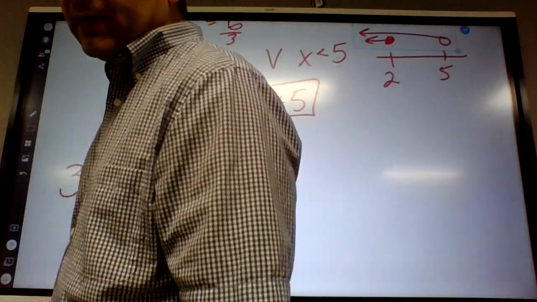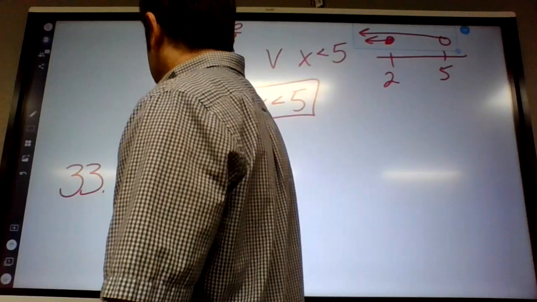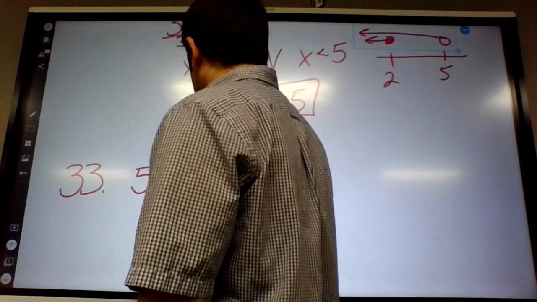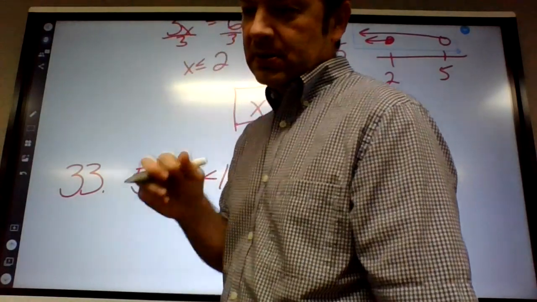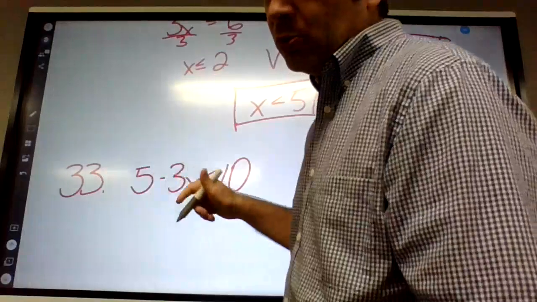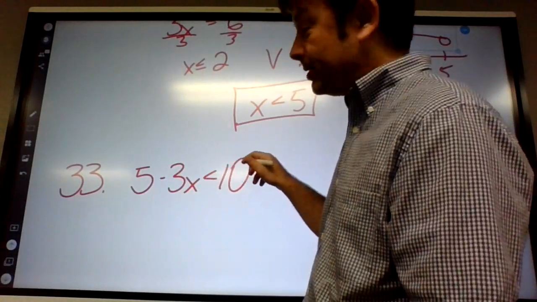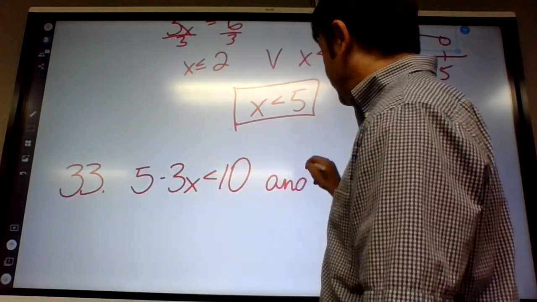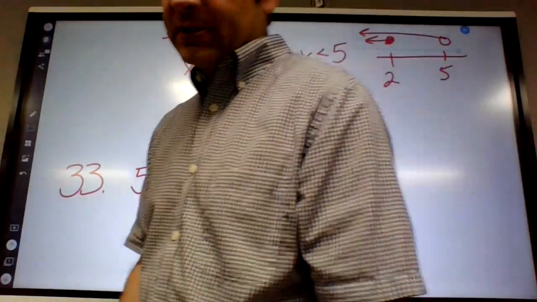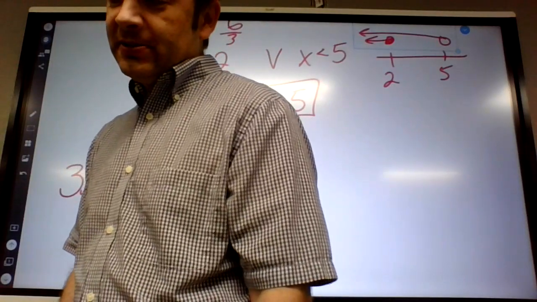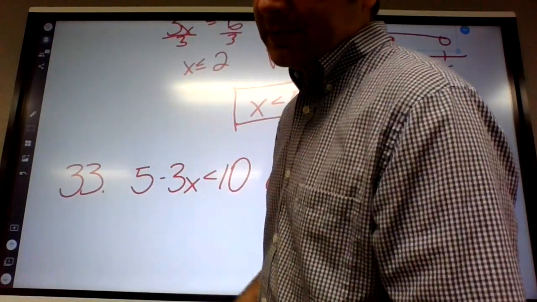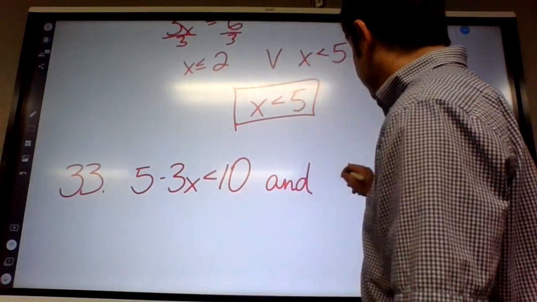All right, 5 minus 3x is less than 10. Or, no, and. 33 and 35 are the same, almost, except for the and and the or.